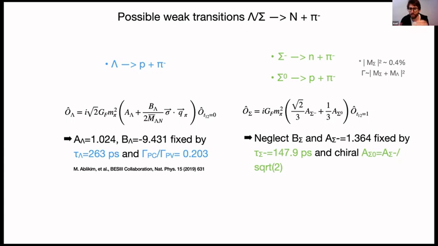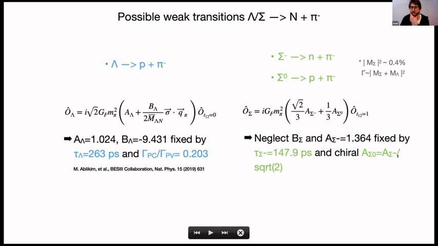We need to also fix them by experimental data in principle. For the A sigma minus, we fix it with the lifetime of the corresponding non-leptonic decay. For the A sigma 0, we cannot do that because that one is superseded, displaced by the electromagnetic decay.